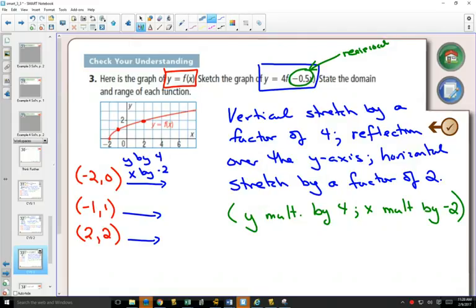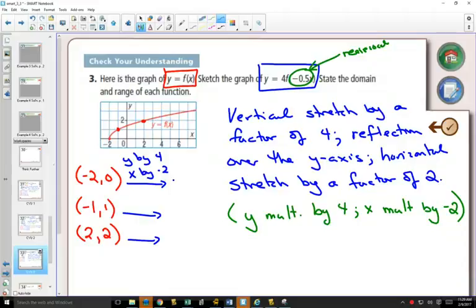That multiplies the x by negative 1. And then the 0.5 is actually 1 over 0.5. Or if you think of 0.5 as a half, the reciprocal is 2 over 1. And so we need to multiply that by 2. Again, what happens inside always appears to be the opposite. Left and right get mixed up, and instead of a half being a compression, it's a stretch.